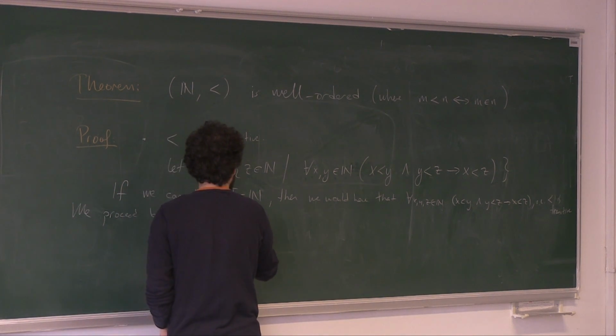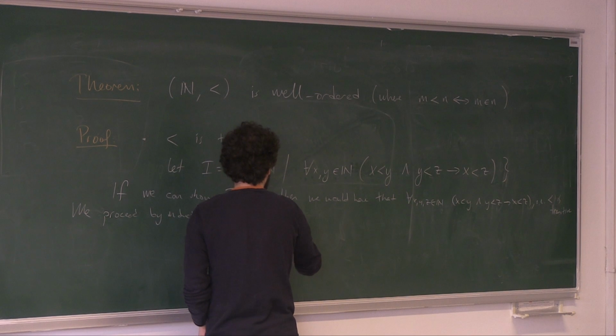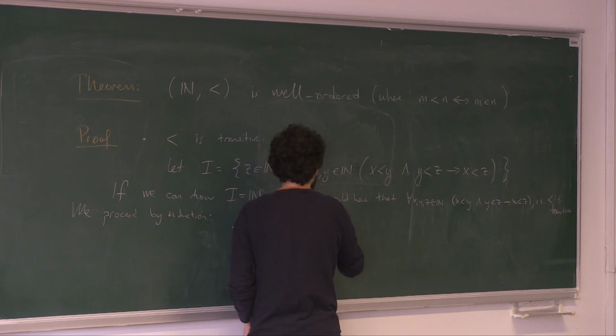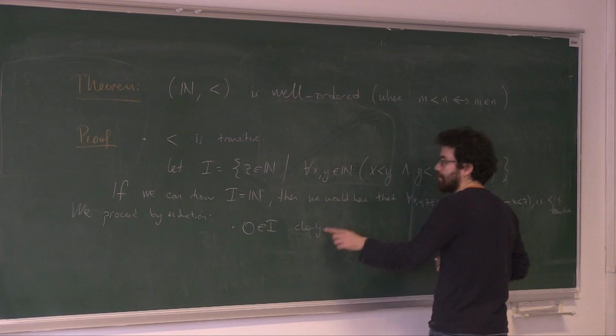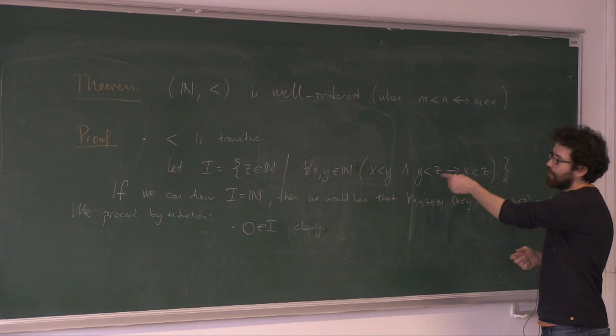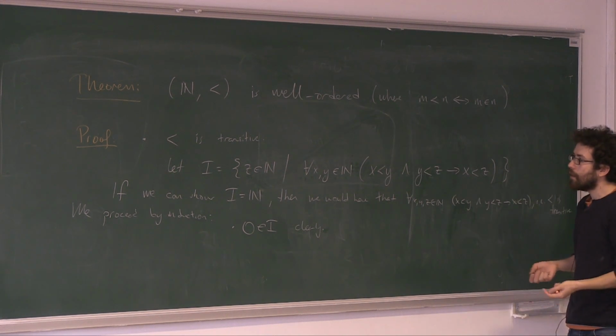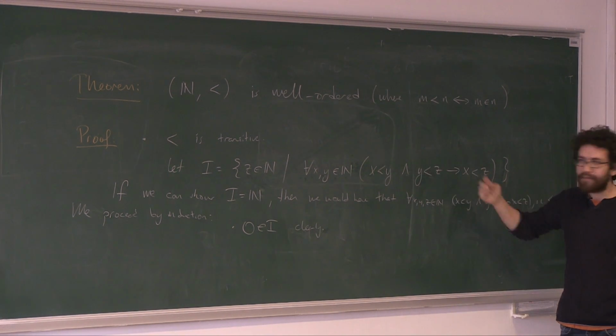Now, 0 is in I, clearly. I'm going to say clearly, and I'm going to explain why it's clear. I claim that whenever you plug in z equals 0, this is automatically satisfied. Why? Because this statement becomes vacuously true.